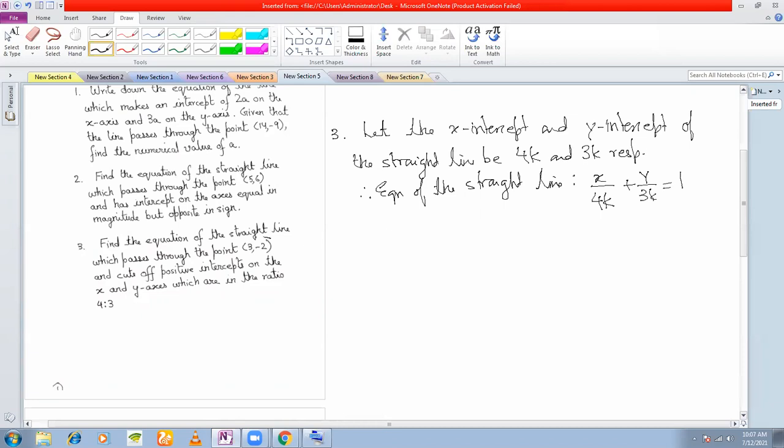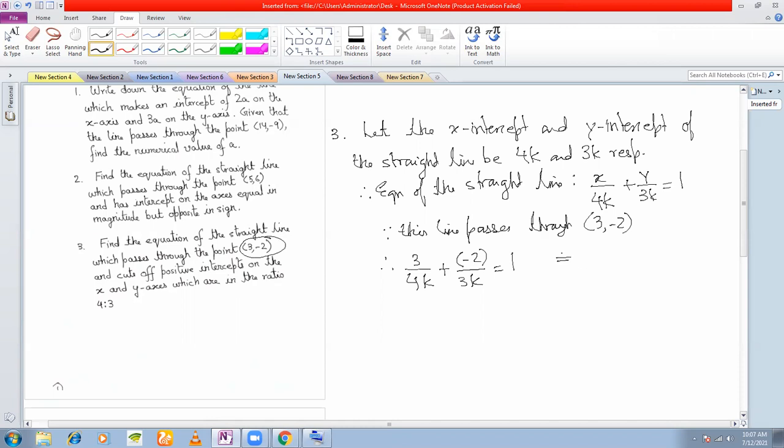See, it passes through which point? 3, minus 2. Since this line passes through 3, minus 2, put the value of x as 3 and the value of y as minus 2. Right? So from these, now you can solve for k.